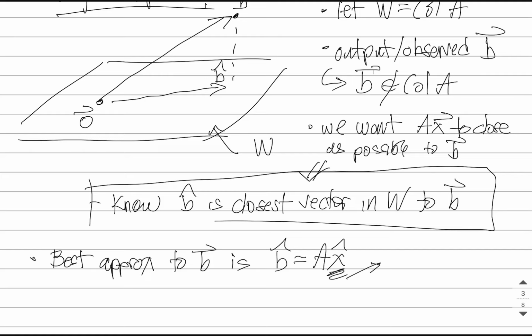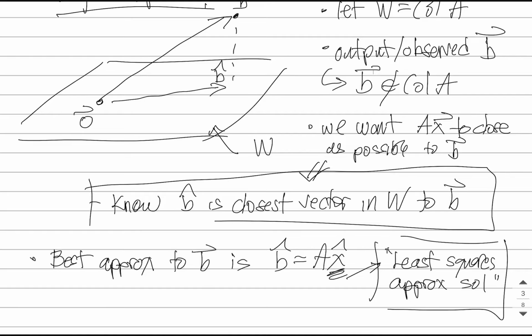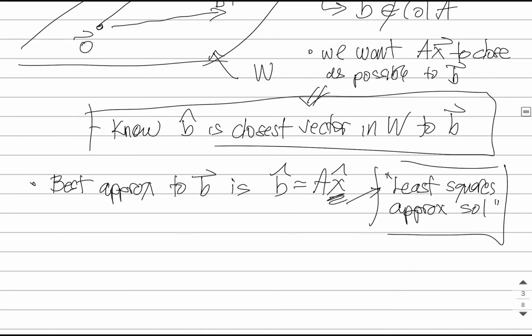And this is going to be something we call our least squares approximate solution. Now, why would we call this a least squares approximate solution?